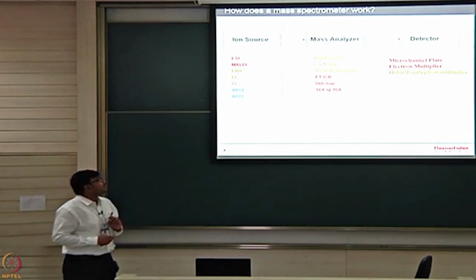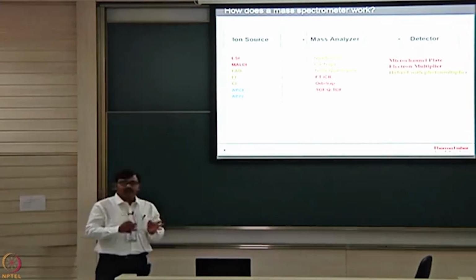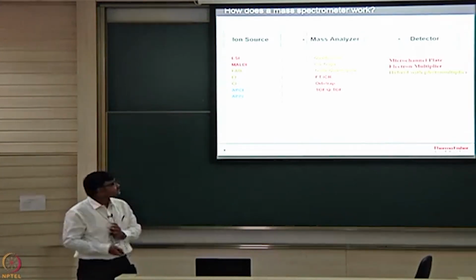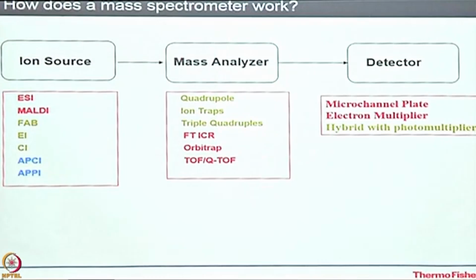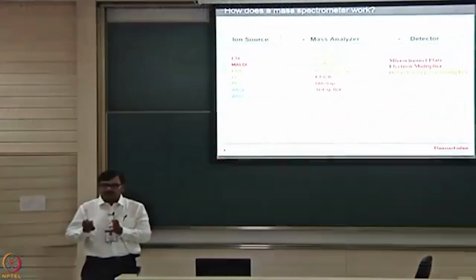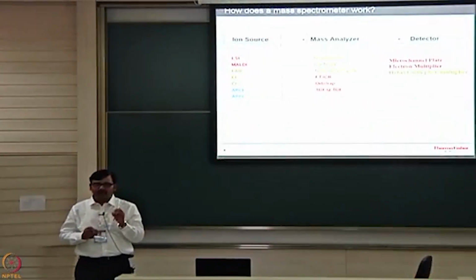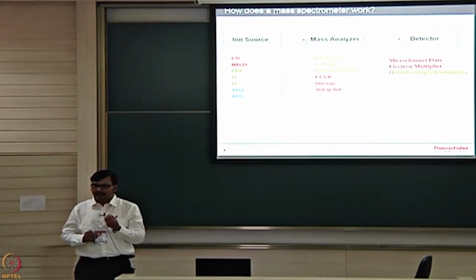Now for the mass analyzer, where you separate your molecules. The most common are quadrupole and TOF, time of flight. A quadrupole is not really an analyzer, it is a filter that can precisely filter the molecule you want.